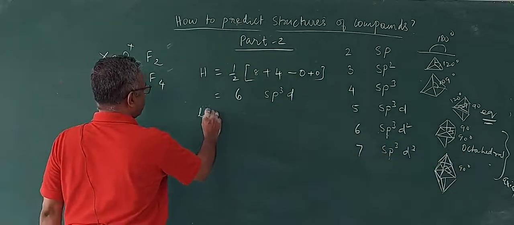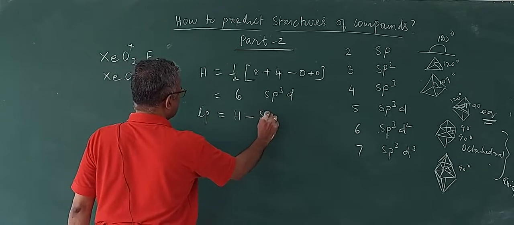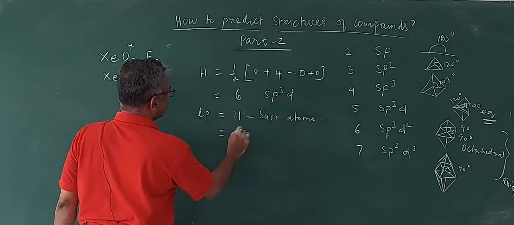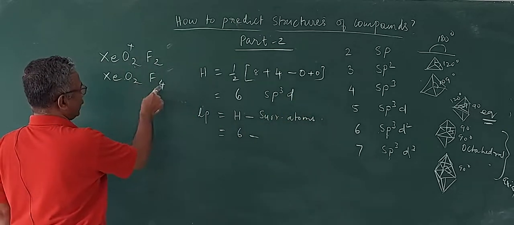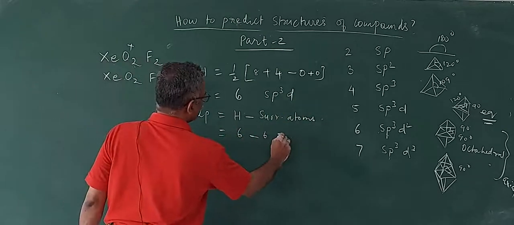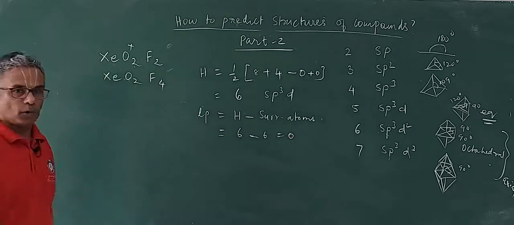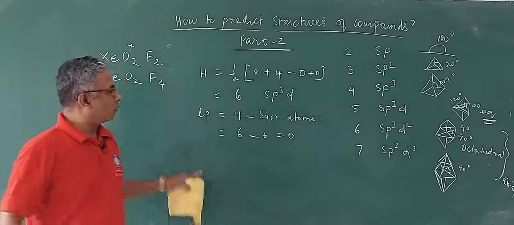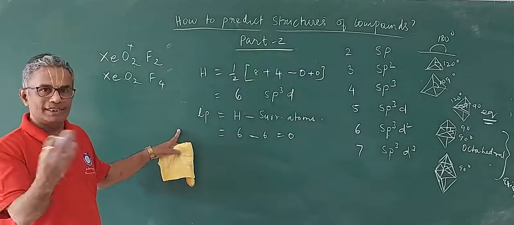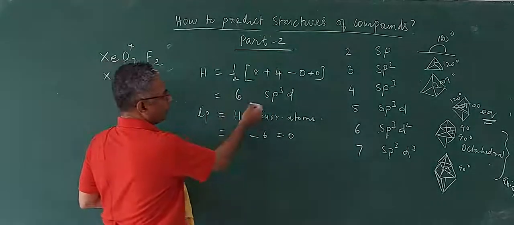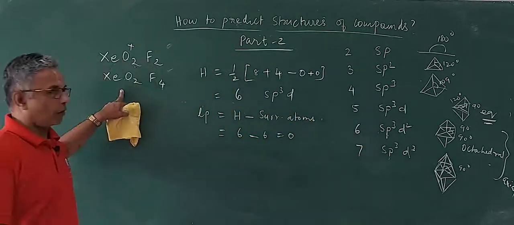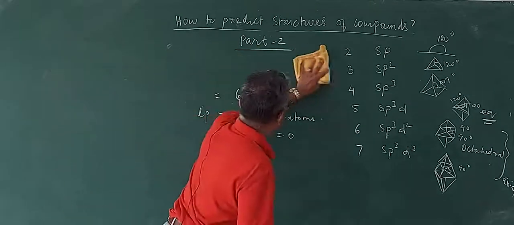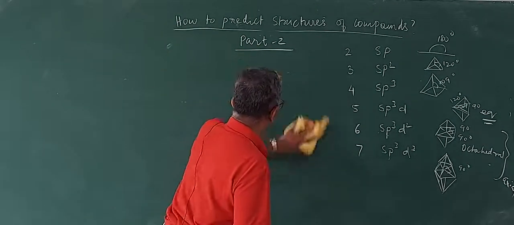Then the number of lone pairs will be hybridization minus number of surrounding atoms. Hybridization is 6. Number of surrounding atoms, 4 plus 2, is equal to 6. So there is no lone pair. When there is no lone pair, whatever the predicted shape, it will be the same shape. Only when there is a lone pair, the shape will change. Now the shape of this compound will be octahedral or square bipyramidal.